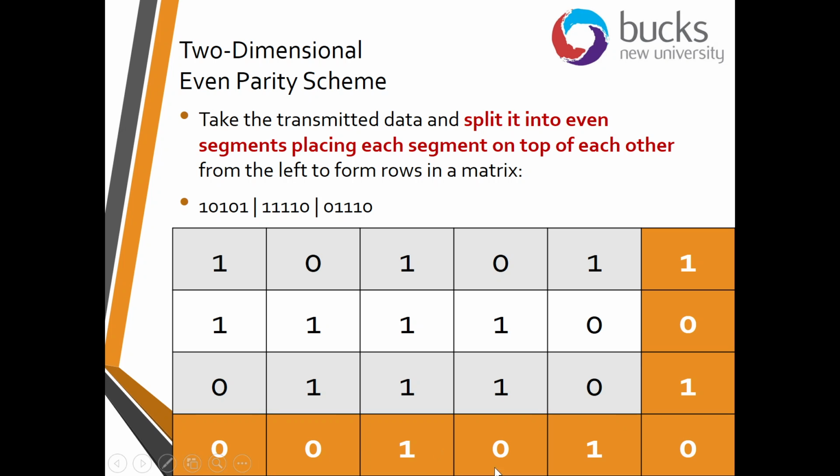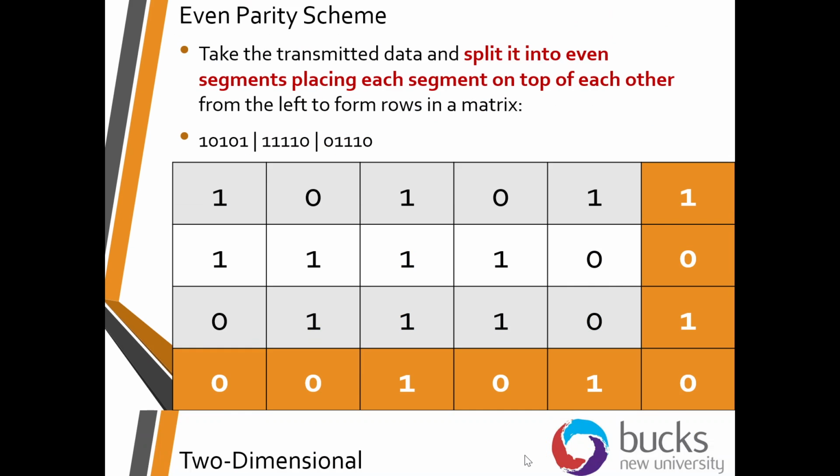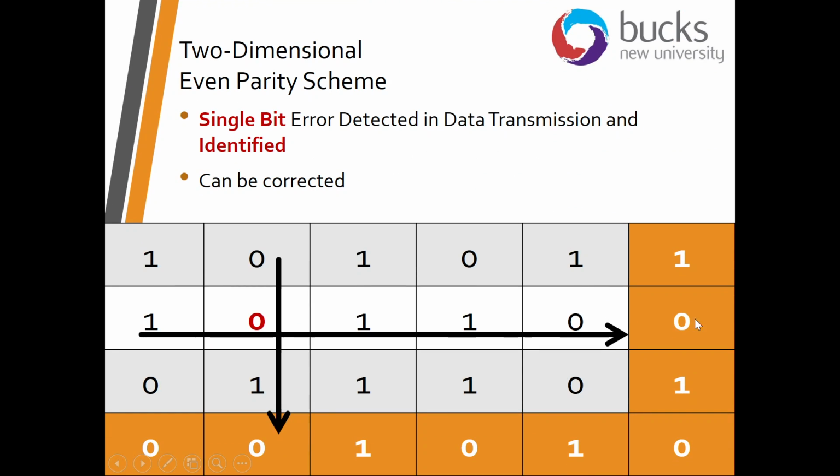So we have parity here, and we should find that we have parity also in this row and this column. This 0 bit here indicates the parity check for that. This data is then all transmitted together, and put back into the matrix at the other end, and now we should be able to identify a single bit error by the intersection of those parity bits.